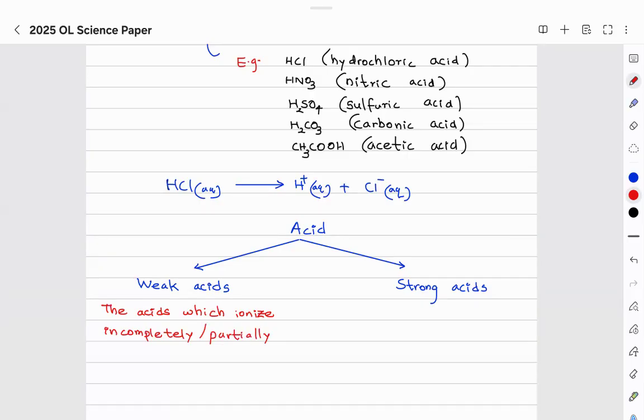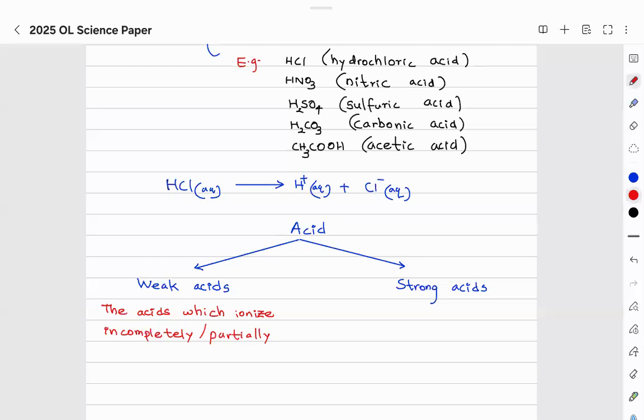If I explain this one further, students, acetic acid is a weak acid. That means it's not providing the total H pluses to the medium. It's hiding some amount of H pluses within itself without releasing them to the medium. That's why we tell it is not completely ionizing.